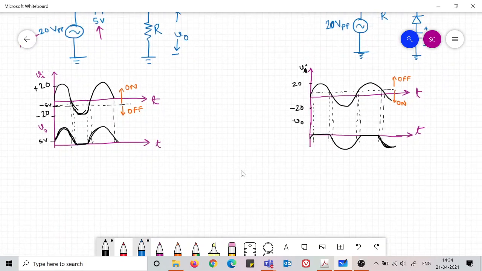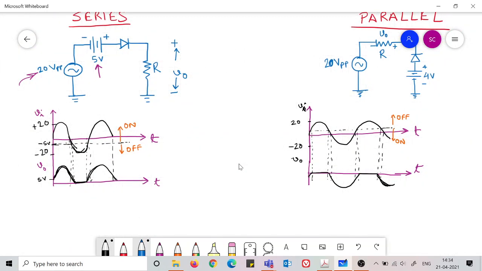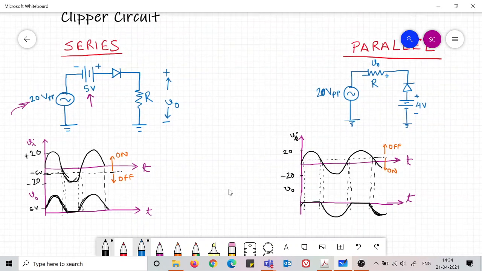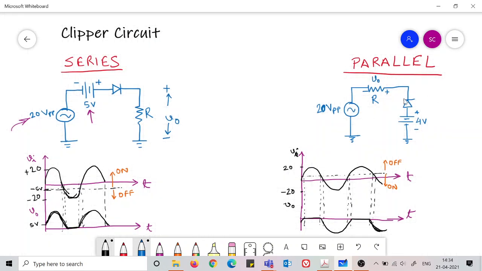Fine with this. So there can be a lot of different such circuits. Okay, so this is just the name of the configuration. Here you see that the diode seems to be in parallel with the voltage source, so it doesn't come just after the voltage source. That's why it is called parallel.